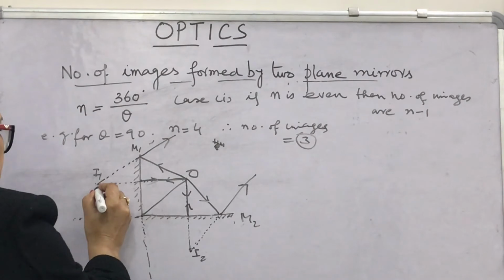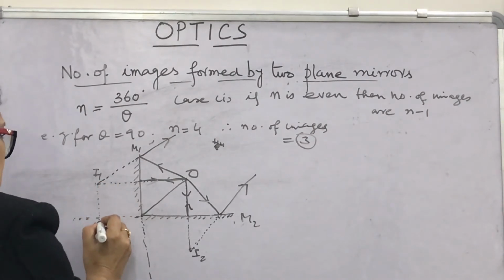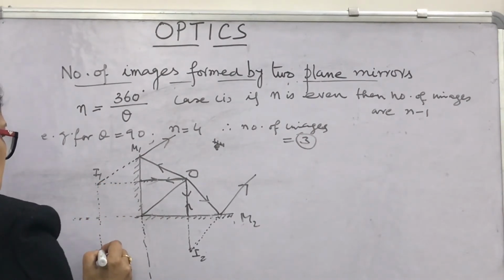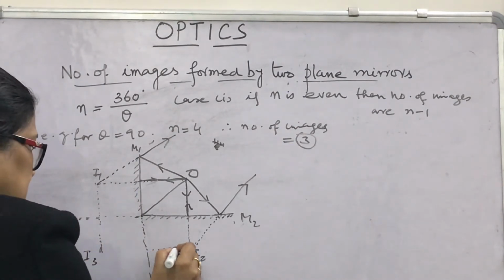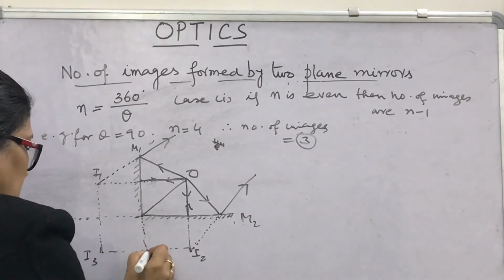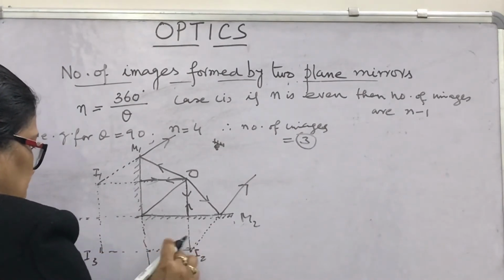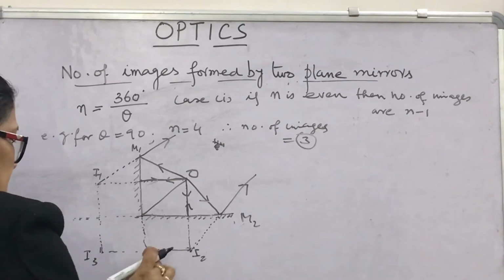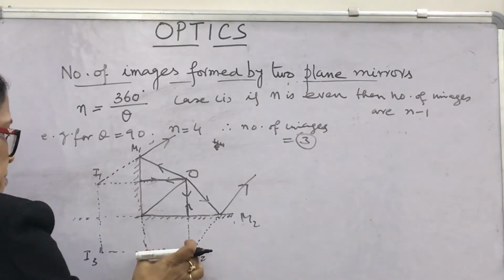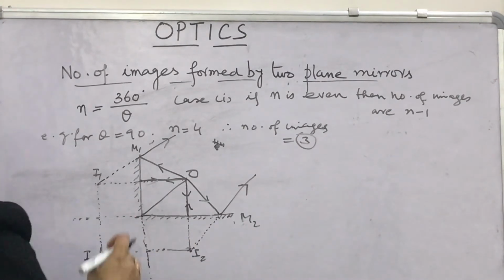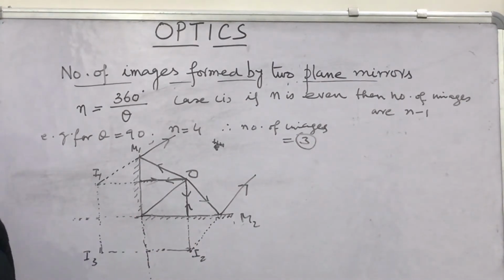So you mark the distance of the third image at the same distance here. This will be I3, and these distances will be the same. That is, this I2 will act like a virtual object for the extended position of mirror M1. So this distance will be equal to this distance.